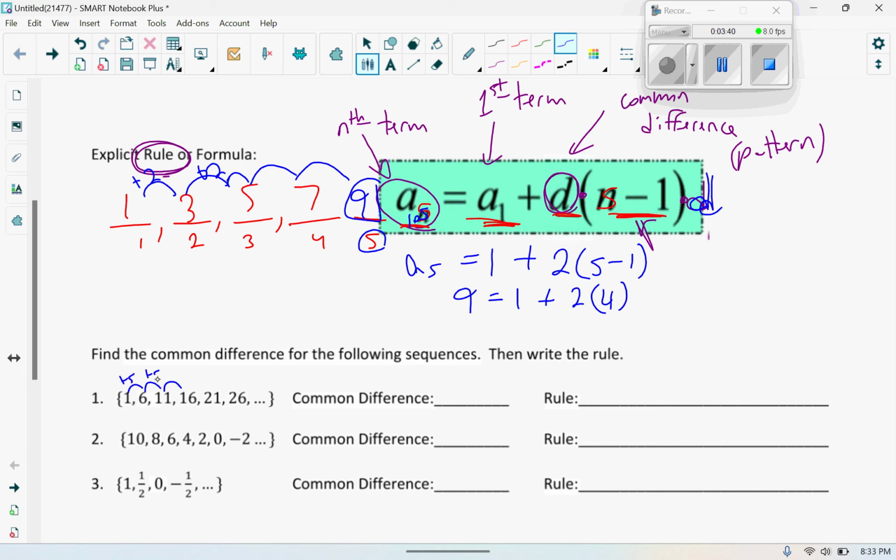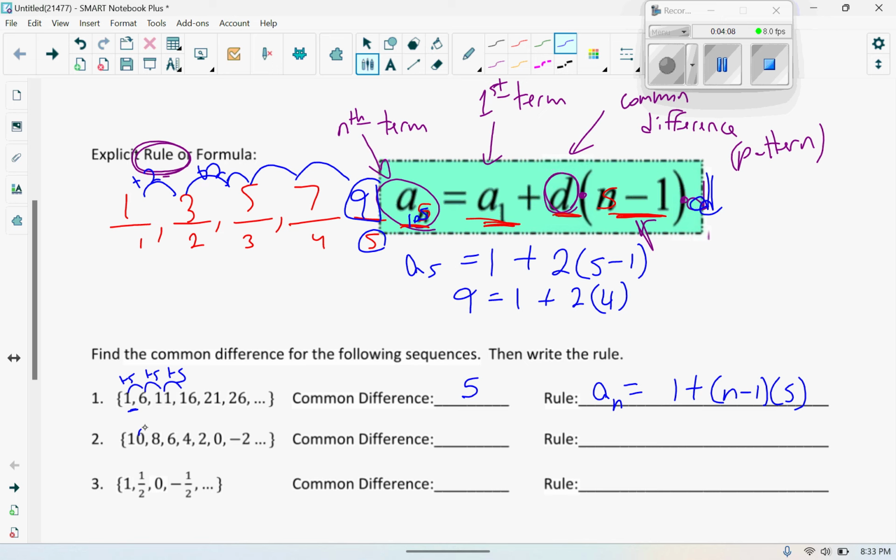It looks like I'm adding 5 every time, so my common difference is 5. So I'm going to say a sub n equals, what's my first term? My first term is 1, plus n minus 1 times 5. It doesn't matter if you put the 5 in front or behind. So that's how you do that.